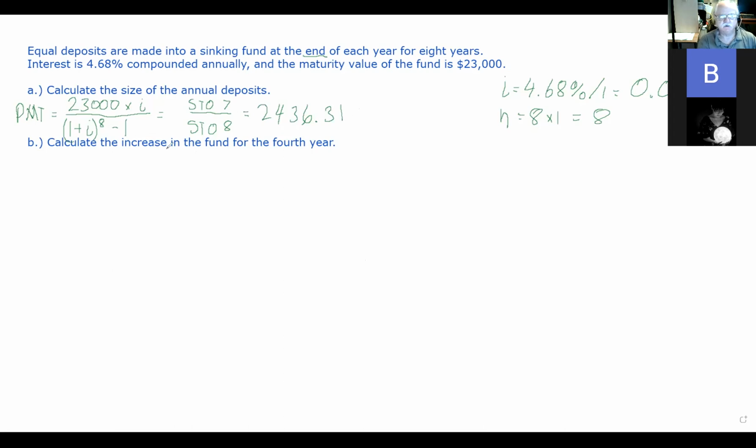So calculate the increase in the fund for the 4th year. So we've got to go to the 3rd year and then find the interest on that and add the interest and the payment to find the increase.